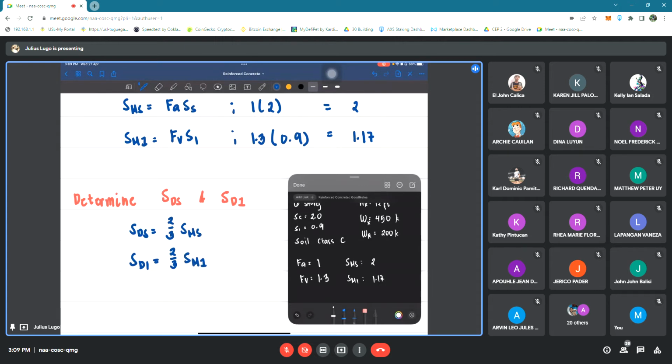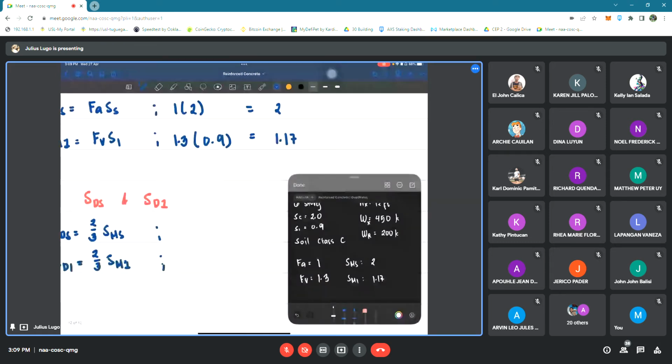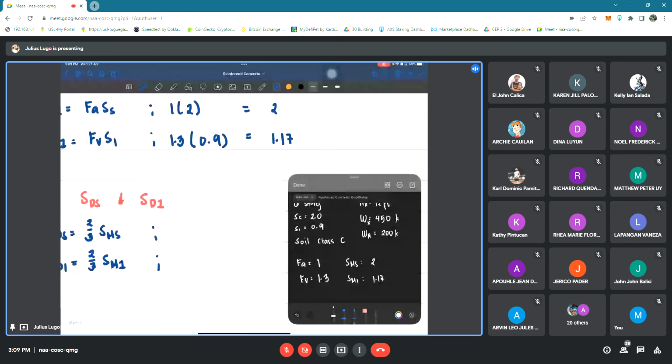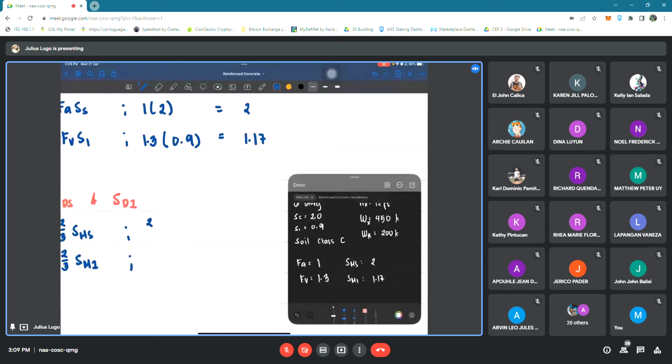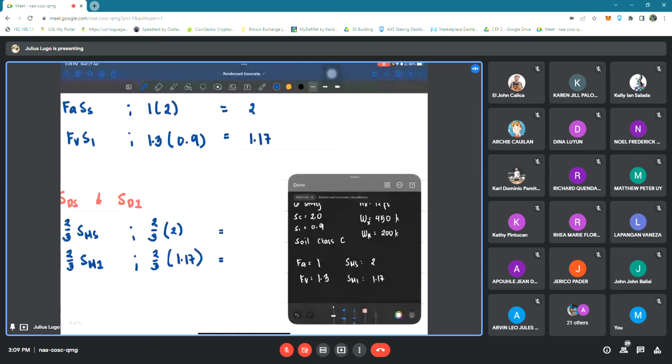Okay, so yan yung ating formula. So what will be the values of your SDS and SD1? So this is now 2/3 multiplied by your SMS, which is 2, and this is 2/3 multiplied by 1.17.